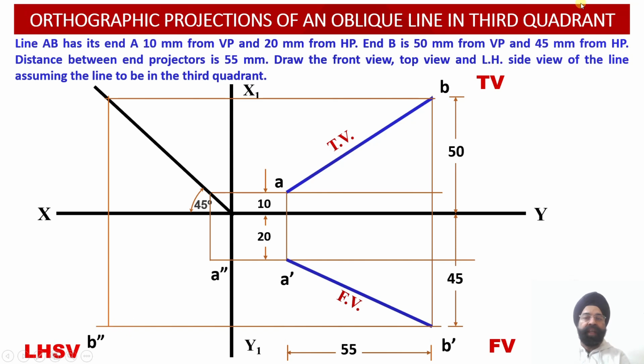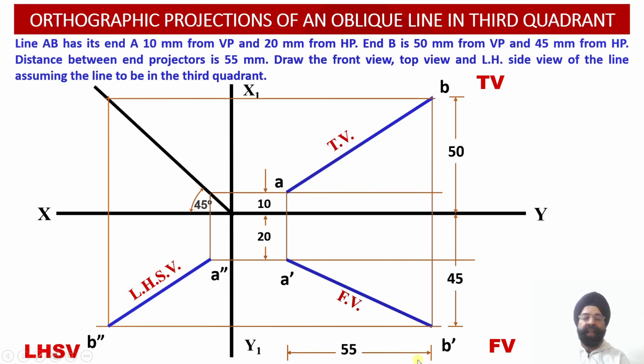So this way the conditions corresponding to the end B which were stated in the problem have been satisfied. A double dash point has been obtained, B double dash point has been obtained, so we can join A double dash with B double dash. This provides us with the left hand side view projections of this particular line AB.